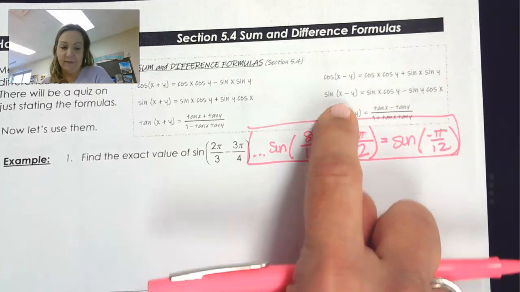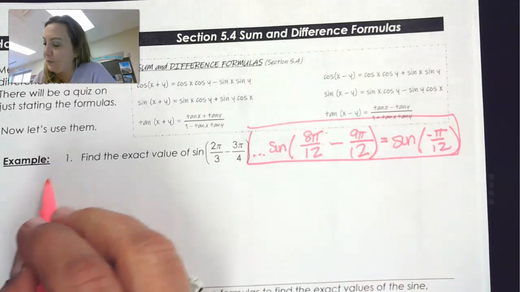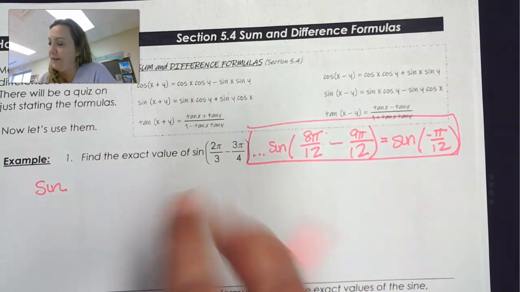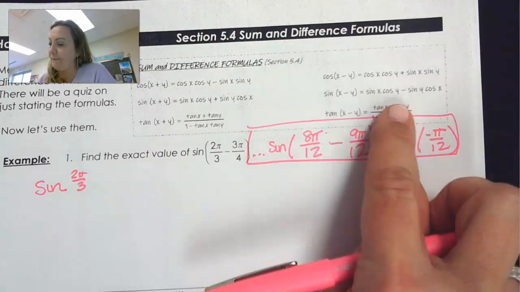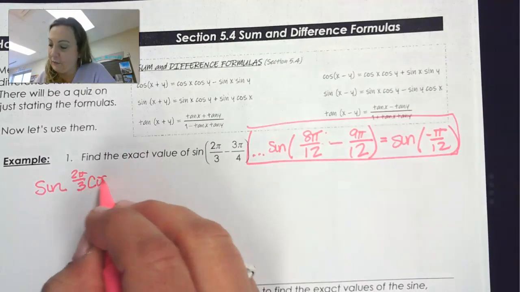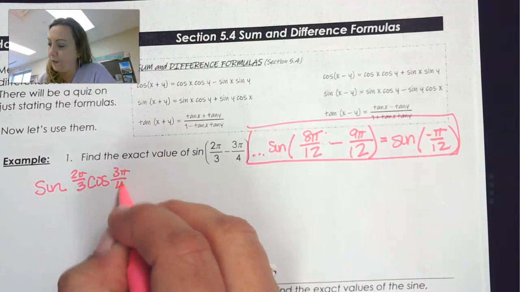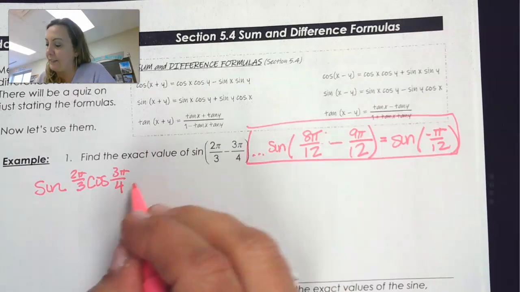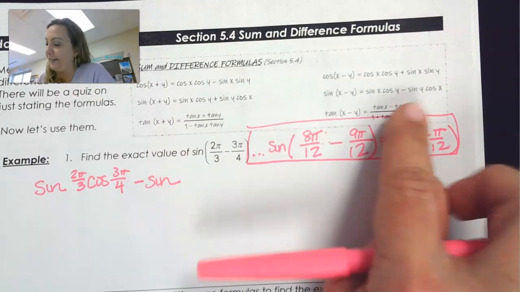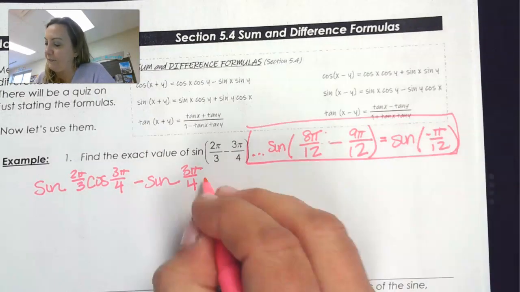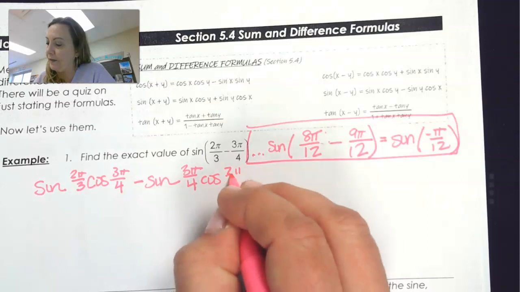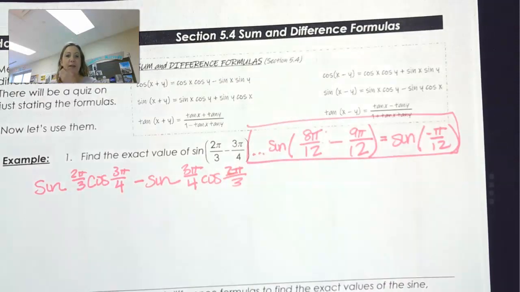It says that when we have the sine of x minus y, we're going to take the sine of the first, so the sine of 2 pi over 3, times the cosine of the second, so the cosine of 3 pi over 4, minus the sine of the second, so the sine of 3 pi over 4, times the cosine of the first, which is 2 pi over 3, okay?